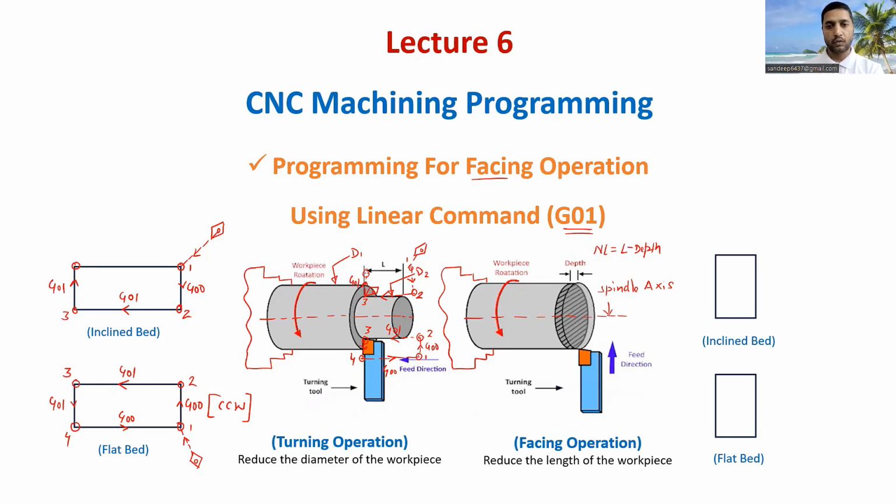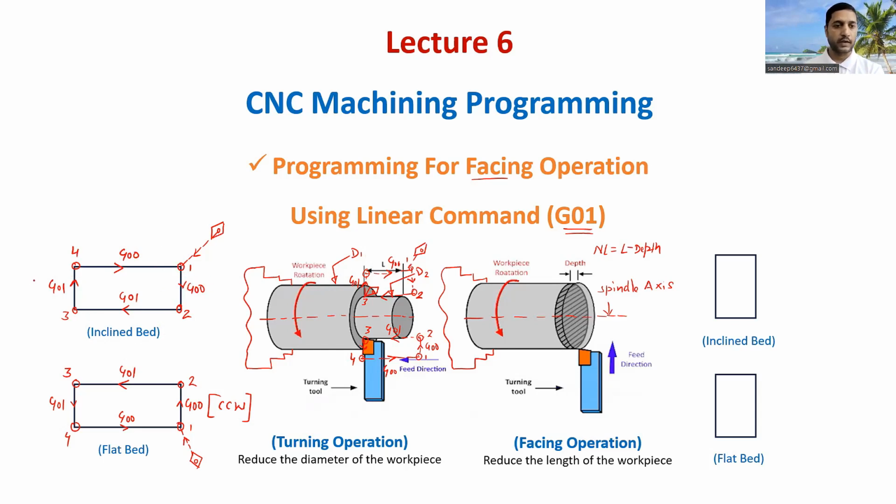And we are retracting the tool now from this location to this location with a rapid traverse, because there is no contact of the cutting tool here with the workpiece. So we can move with a rapid traverse here, G00. So this is point number 3, this is point number 4, this is 1. Now, if you analyze this, the direction of motion of cutting tool, the tool path will be in which direction?